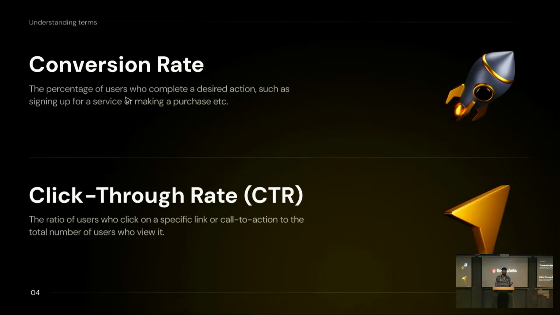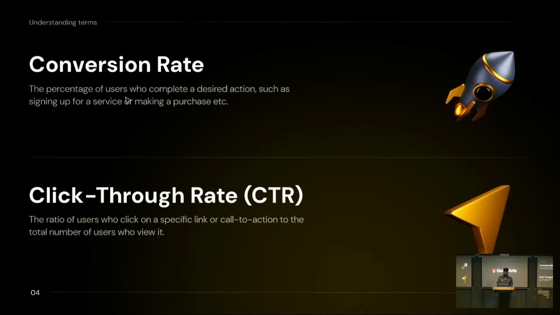The main conversion you would want to see on a landing page is users signing up. So let's say about 100 people visited the landing page, and only about 20 people signed up to the platform. So the conversion rate there would be about 20%.